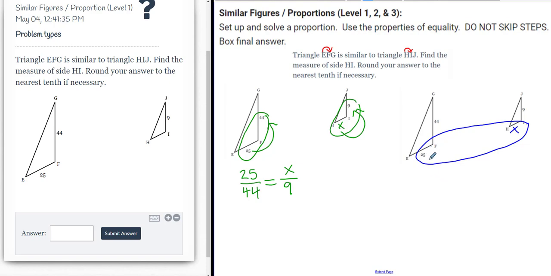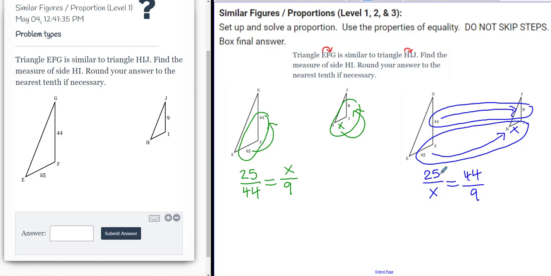I'm going to put 25 on top, so notice I'm going from 25 over here to X. I just chose to do it that way to show you that I still have 25 in the same spot, but instead of 44, I went from 25 to X, which means that when I set up my next ratio or fraction, if I start with 25, I have to start with 44 and go to 9. So that means that 25 over X should be equivalent to 44 over 9.